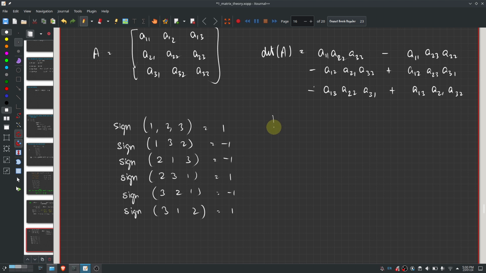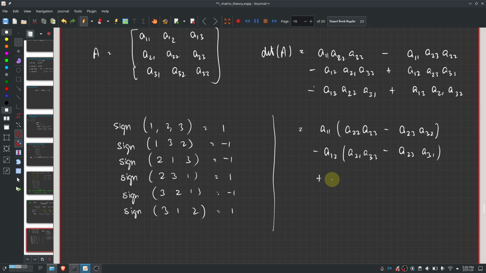Let me just write this as A11 times (A22 A33 minus A23 A32) minus A12 times (A21 A33 minus A23 A31) plus A13 times (A21 A32 minus A22 A31).